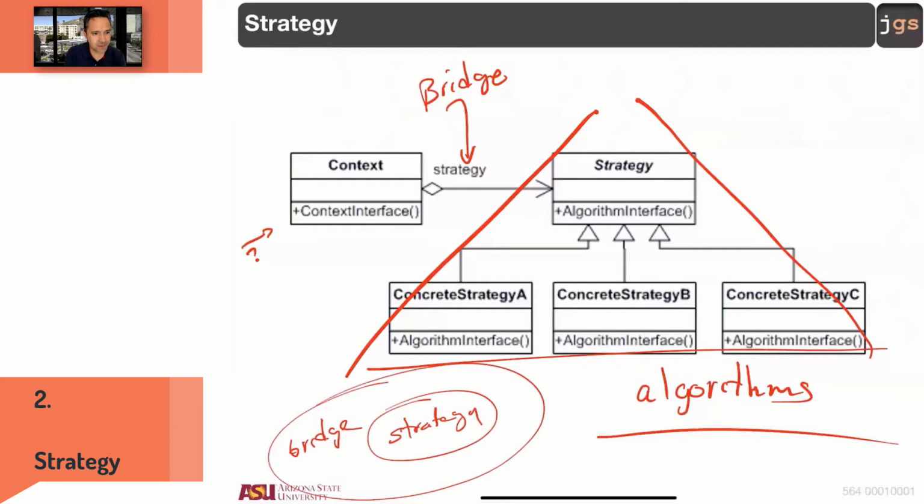The strategy is like the bridge, yes, but a bridge with algorithms and something else. This connection. With the bridge, you have two families. We defined that a family could have only one member.